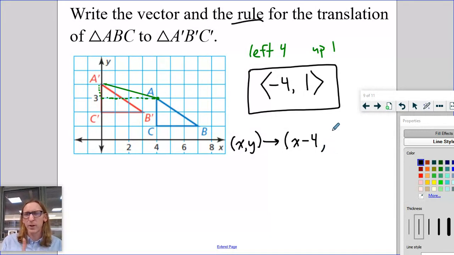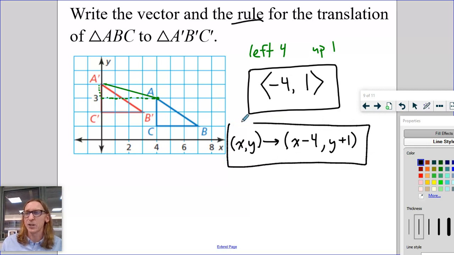The y-coordinate, well, they all moved up 1, so every y-coordinate is 1 bigger than it was before. So this is what that translation would look like if you were asked to write it as a rule, and this is what it would look like if you were asked to write it as the vector.